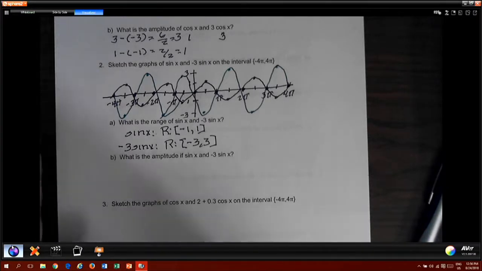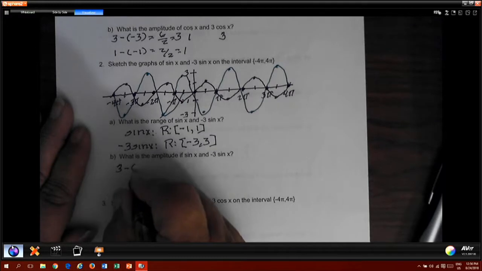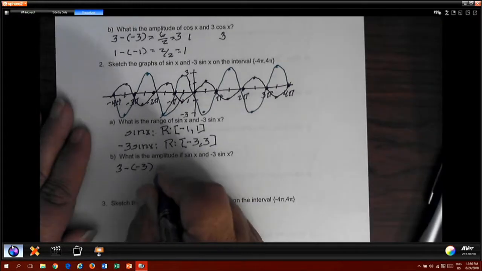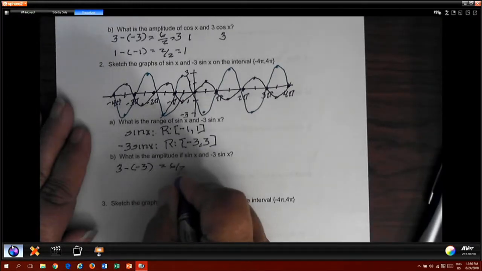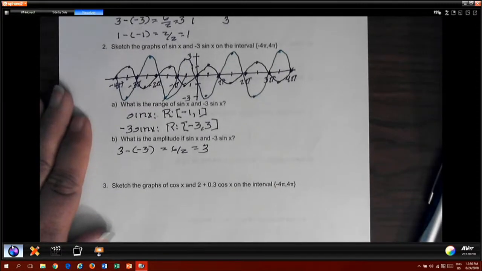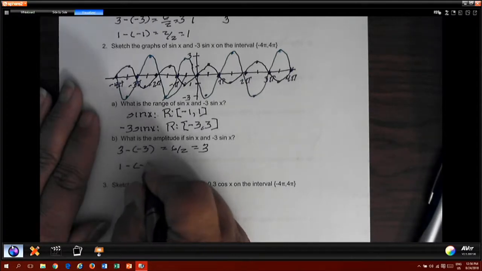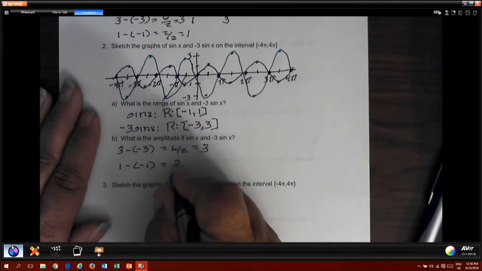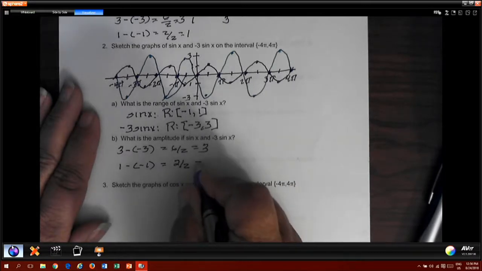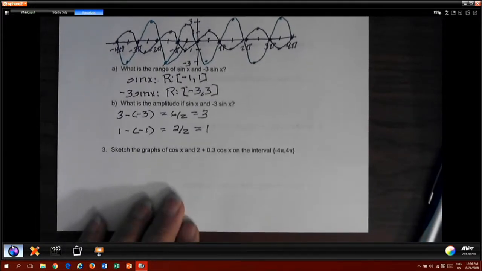Now, the amplitude: 3 minus negative 3 is 6, divided by 2 is 3. That would be the amplitude for negative 3 sine x. Then 1 minus a negative 1 equals 2, divided by 2 equals 1. That would be the amplitude for sine of x.